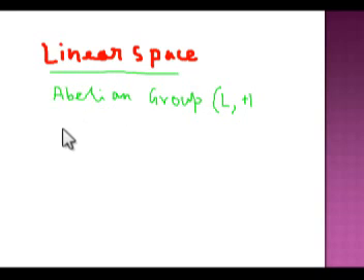We take scalars alpha, beta, gamma belonging to a field, or a ring, as some authors refer.